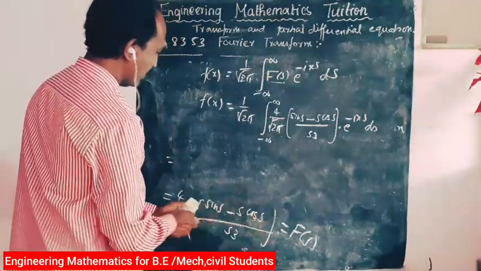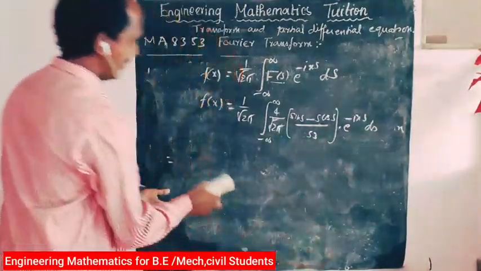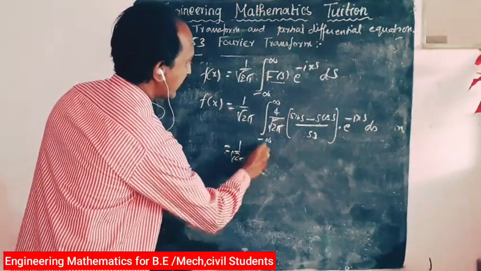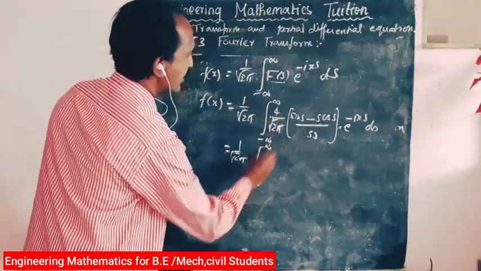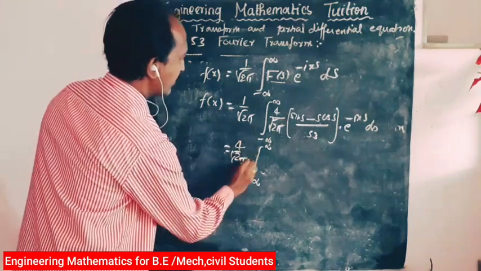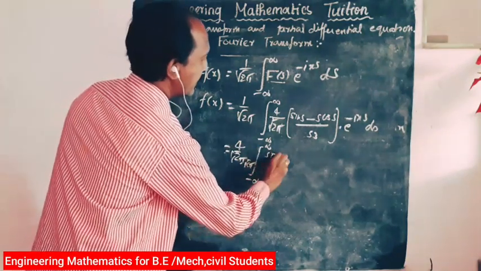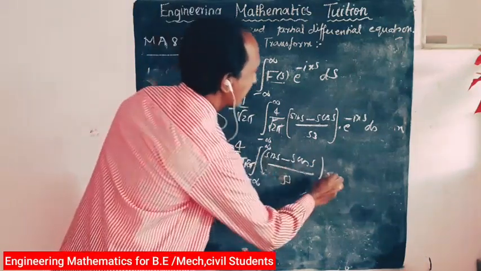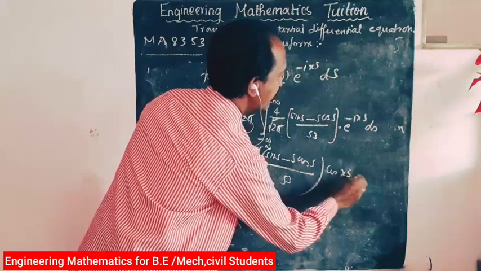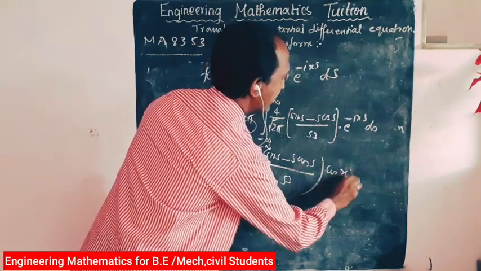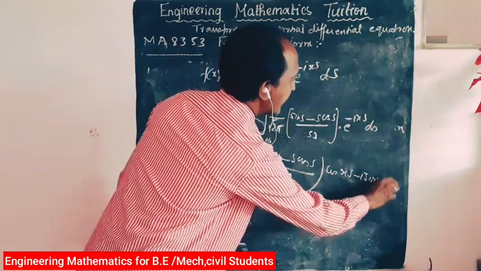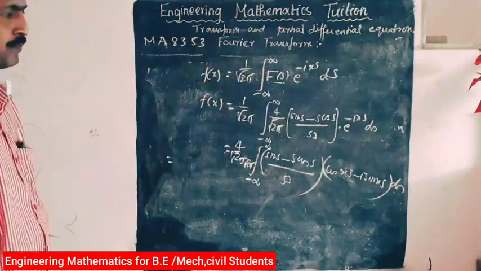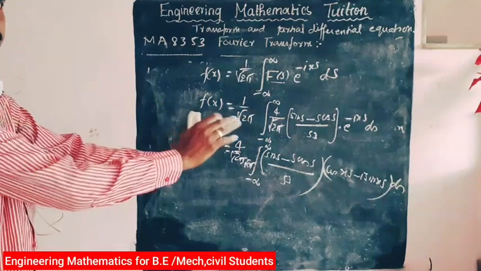So that is equal to 1 by root of 2 pi integral from minus infinity to plus infinity of 4 by root of 2 pi into sin s minus s cos s by s cube into cos x s minus i sin x s ds. Then first replace the exponential term, then separate the real and imaginary parts.